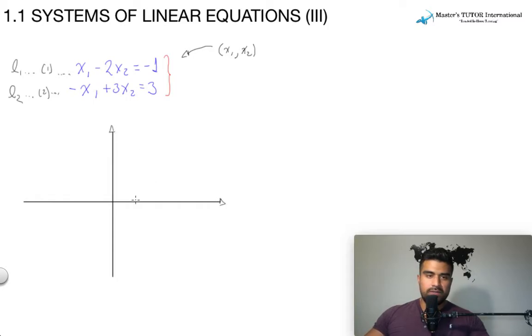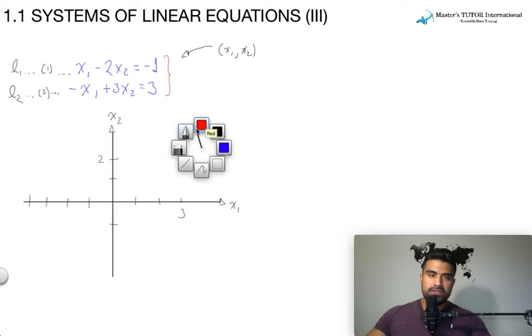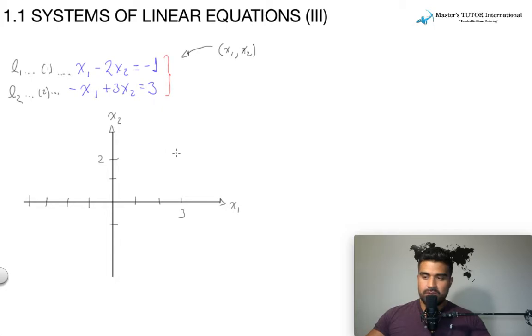Here we have 1, 2, 3, and here 1, 2, and minus 1, minus 2, minus 3, etcetera. This is the axis x1 and this is the axis x2, two variables. So how do we represent the line that makes equation 1?